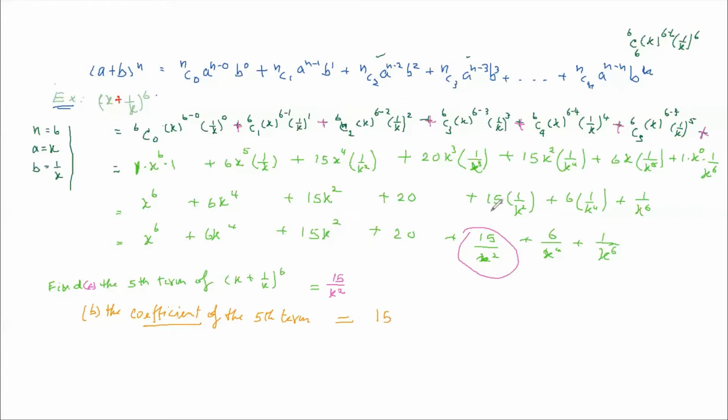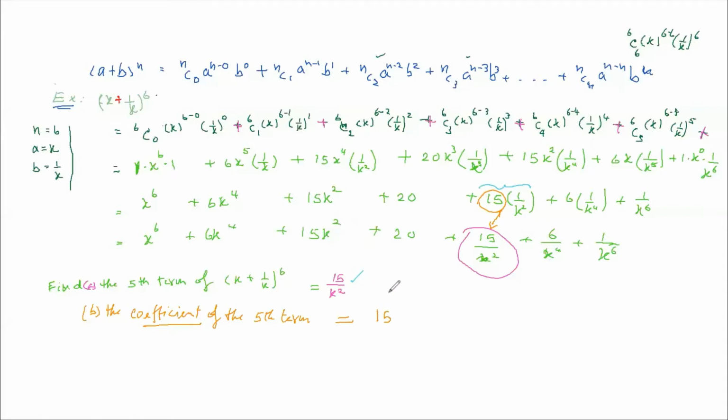This and this have the same meaning, correct? But this one represents the coefficient. But if the whole thing represents the term, you answer as this one. But if they have a minus sign, you have to carry the minus sign in both cases also. Okay, so this is an example for the fraction.